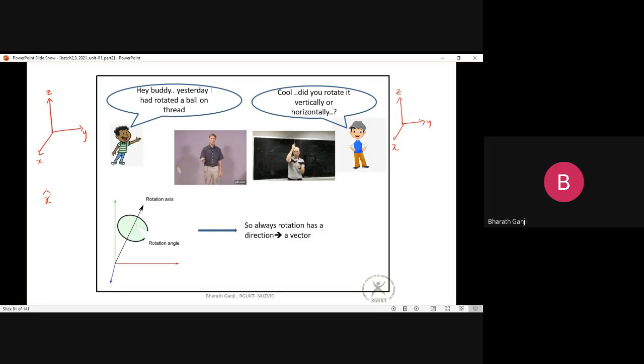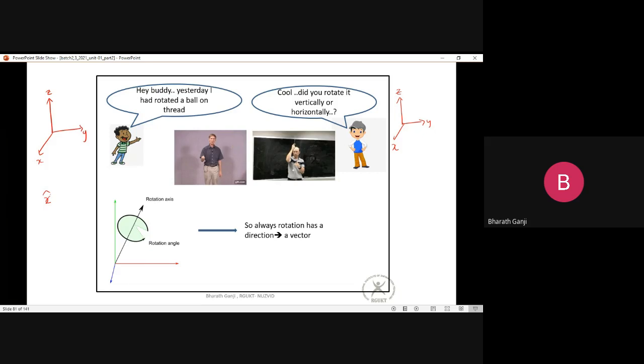As I was saying previously, the rotation axis is an important one. For any kind of rotation, we will be mentioning the rotation axis because rotation is not a scalar; it is a vector. So, for example, your friend and you both have the same coordinate system, and you told your friend that I have made a rotation, అంటే నేను ఒక rotation చేశాను, I did that rotation in x direction అన్నారు.